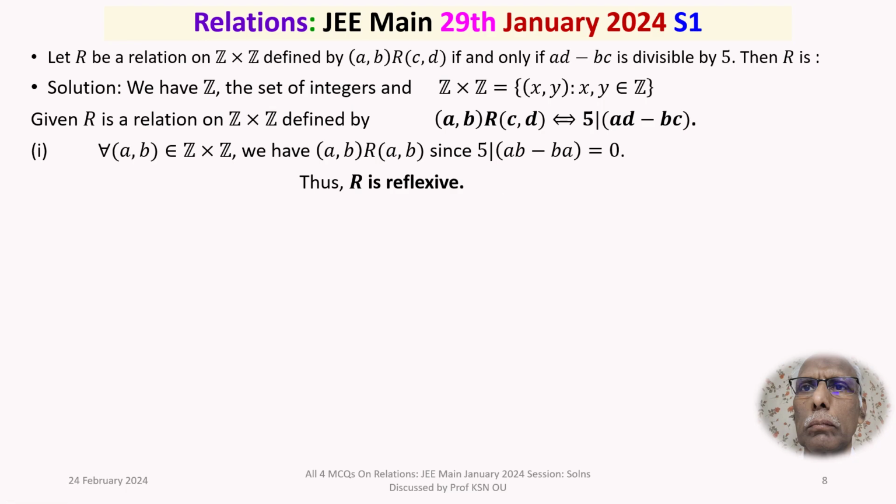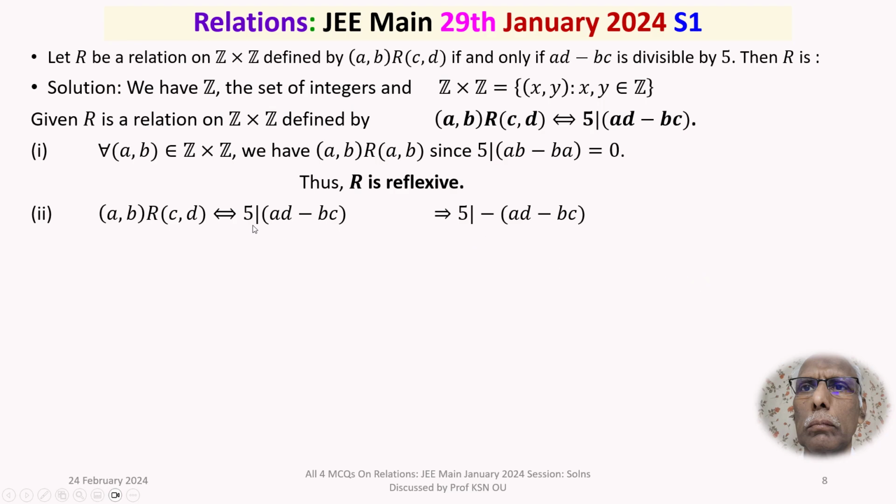Moving to the second, we discuss the symmetry now. A comma B related to C comma D by the relation R if and only if 5 divides AD minus BC. This will imply 5 divides minus of AD minus BC. So if 5 divides 10, 5 also divides minus 10.